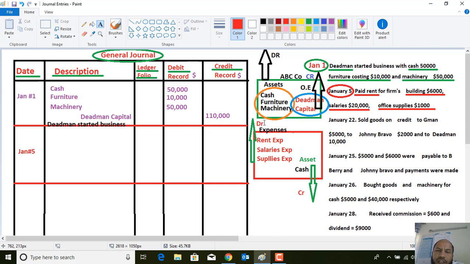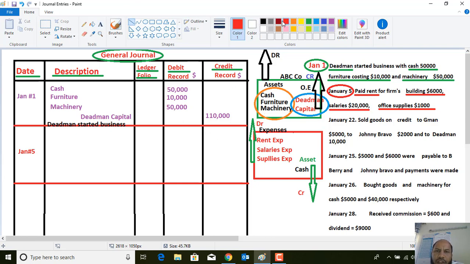That's why we will record that at the debit side. But at the same time, cash has been paid for all these expenses. Cash is an asset account and our asset has decreased, so we will record it at the credit side. Now what we will do is go towards the description column.